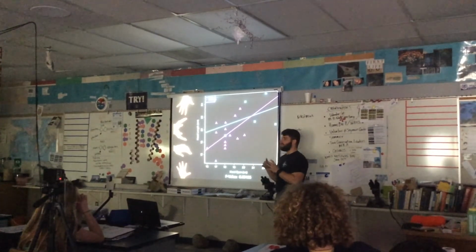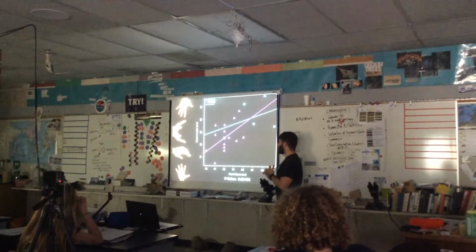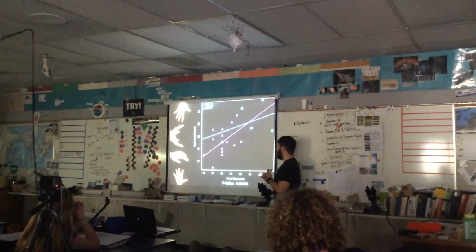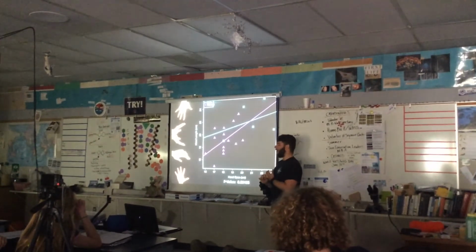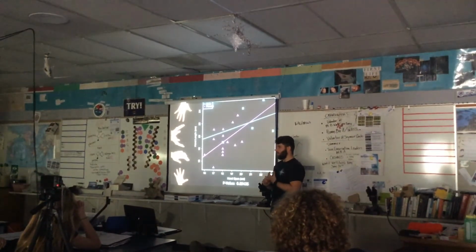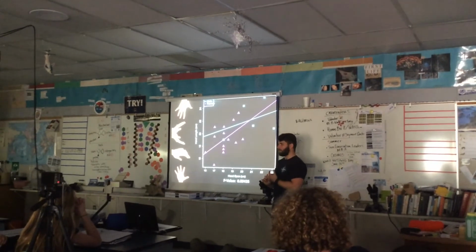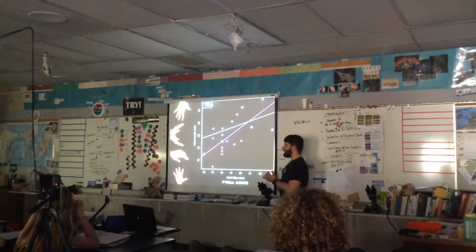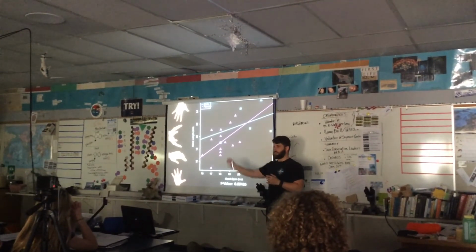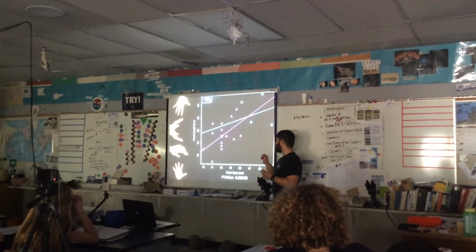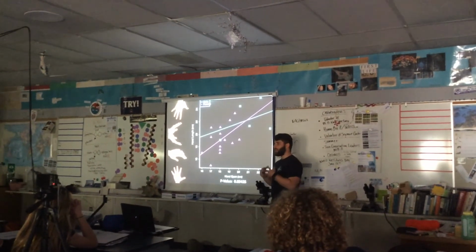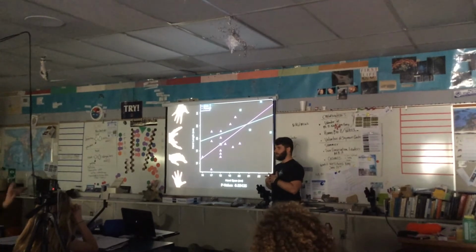So sex and hand span do not predict your hand length together. However, if you were to separate it out, maybe your sex does predict it independently of the hand span, but together they don't.